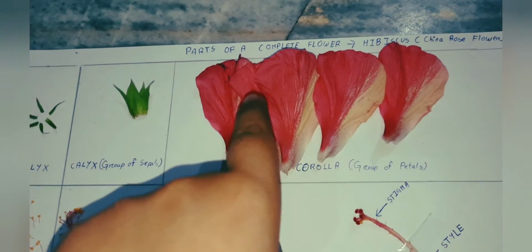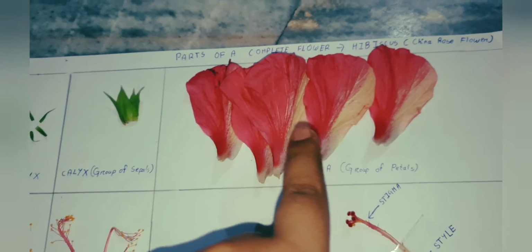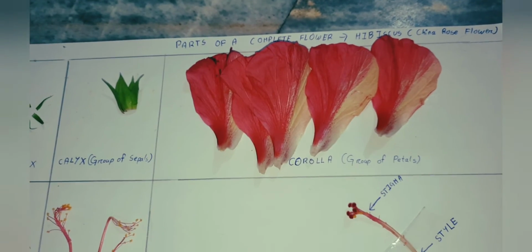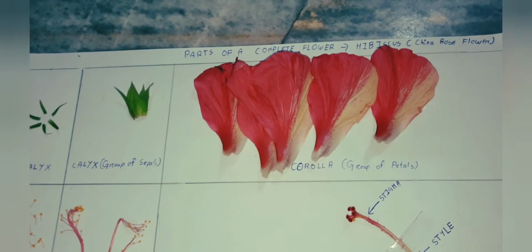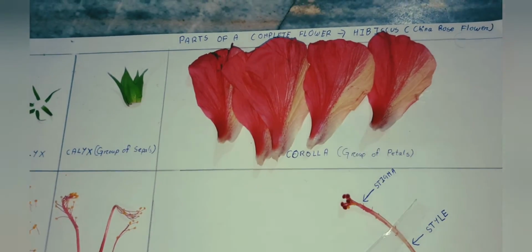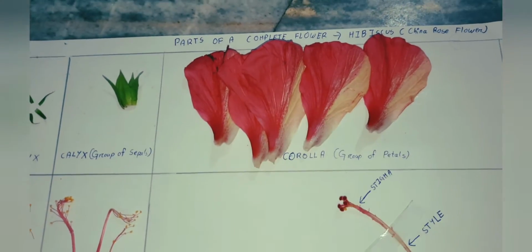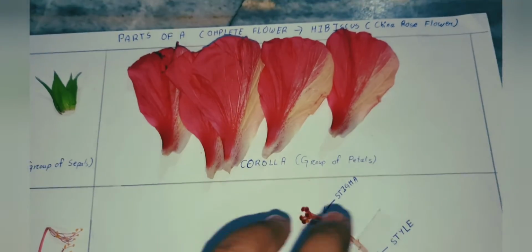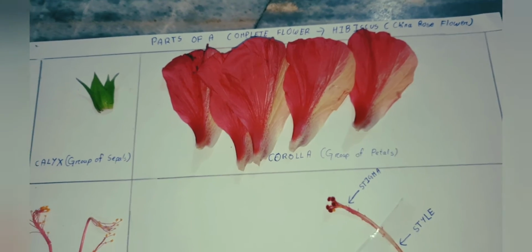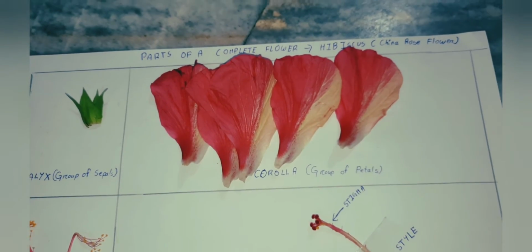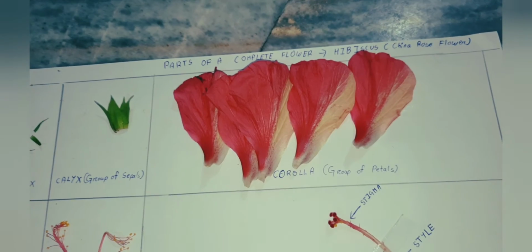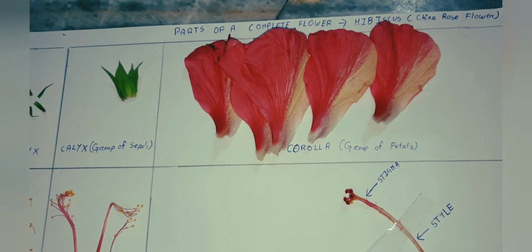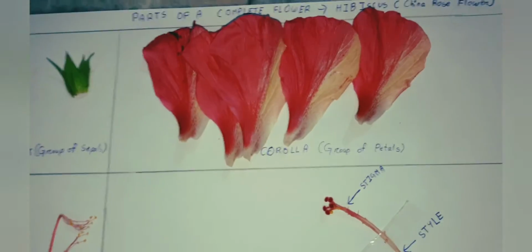Well, these petals are brightly colored and have a fragrance, due to which the pollinators, such as the hummingbird, the bees, butterflies, and many other insects, come to these flowers. Then they carry the pollen from the stamen and put it in the pistil. So in this way the pollination occurs, and these bees and butterflies are also known as the pollinators.